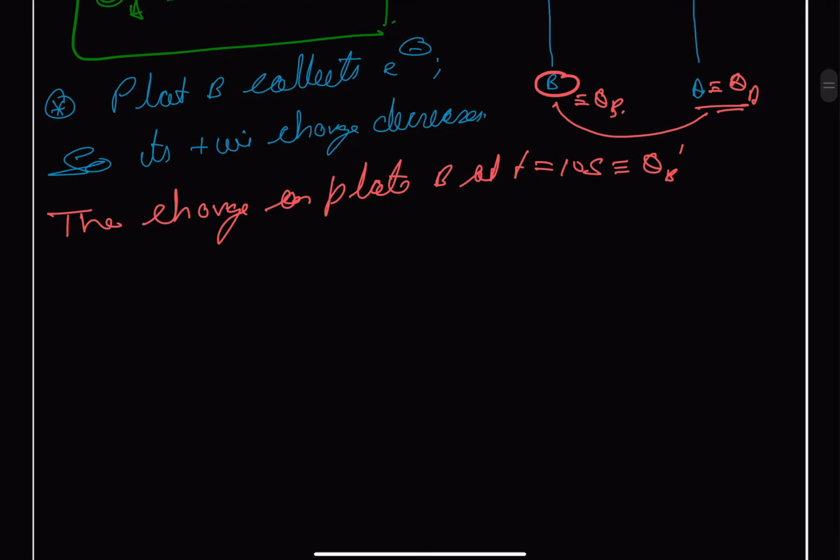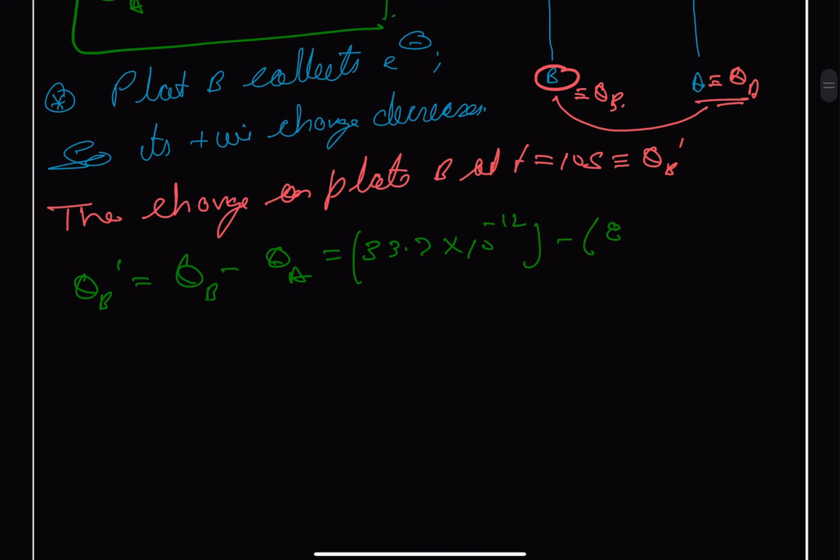So the value of QB prime will be equal to the original charge, that is QB, minus the charge it's collecting, that is our QA, and this comes as 33.7 into 10 to the power minus 12 minus 8 into 10 to the power minus 12.